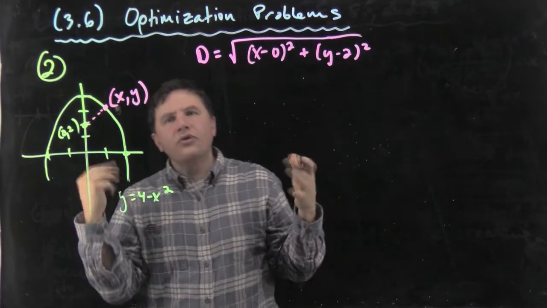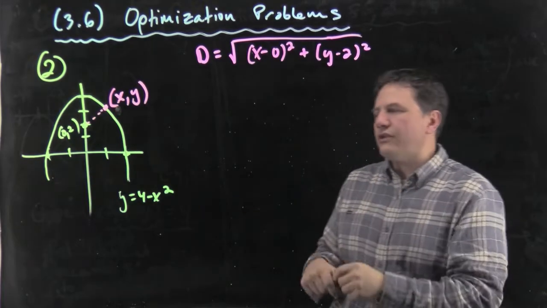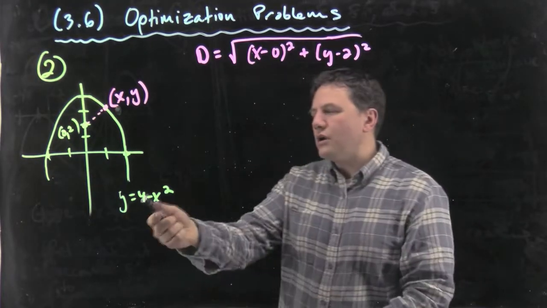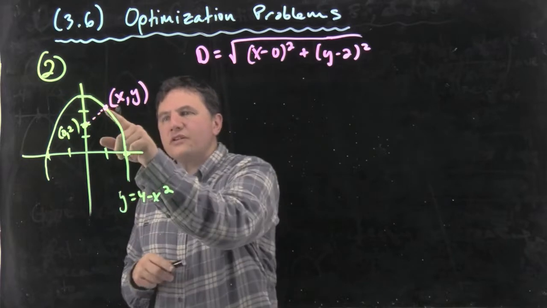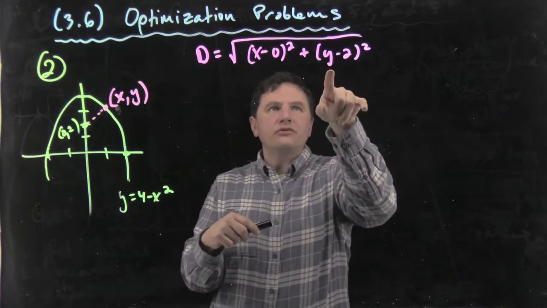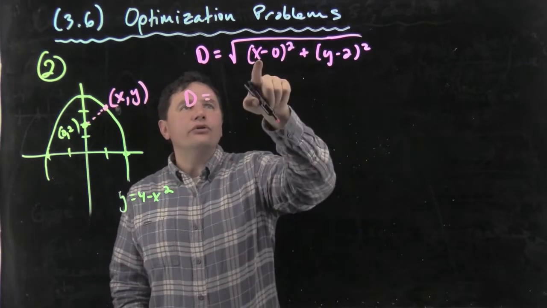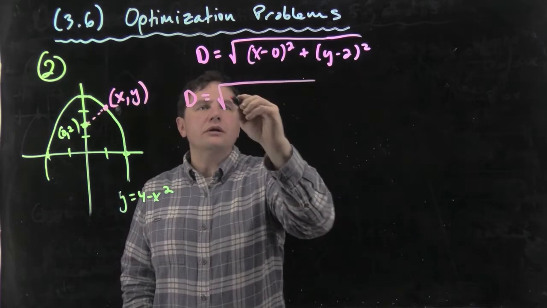The typical thing is we have 2 variables here. We've always got to focus on writing as a function of one variable. That's where this equation comes in. We know that if it's on this curve, y will be 4 minus x squared. So essentially I'm just going to replace y with 4 minus x squared. So d is equal to, well, this is just going to be x squared.